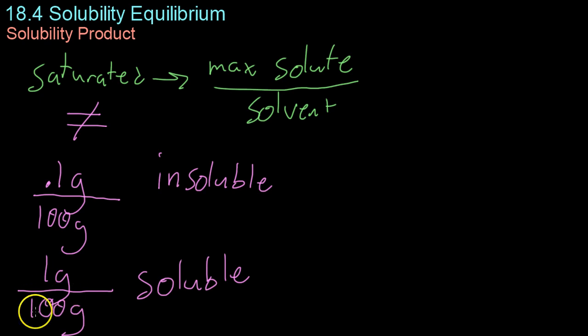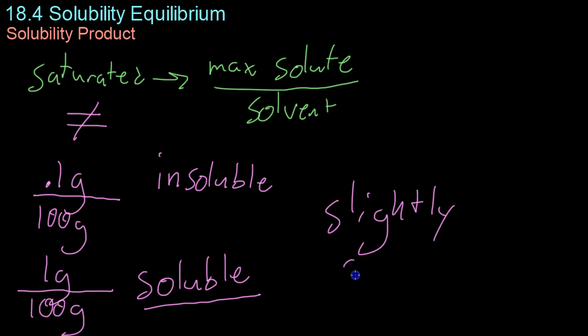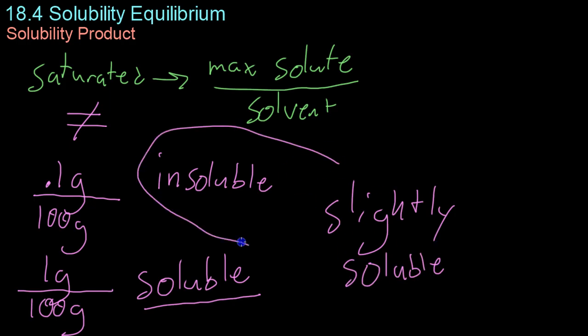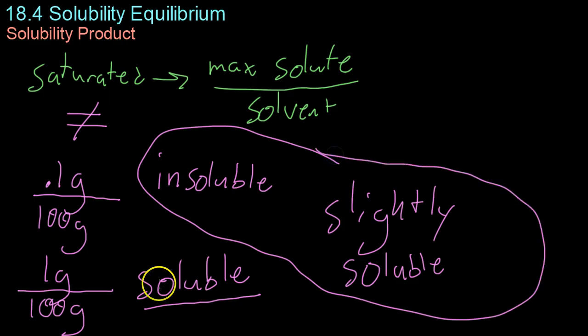You could dissolve in this 1 gram, and there could still be room to add more if it were a super soluble solvent. If it's somewhere in between these two, it's what we call slightly soluble.